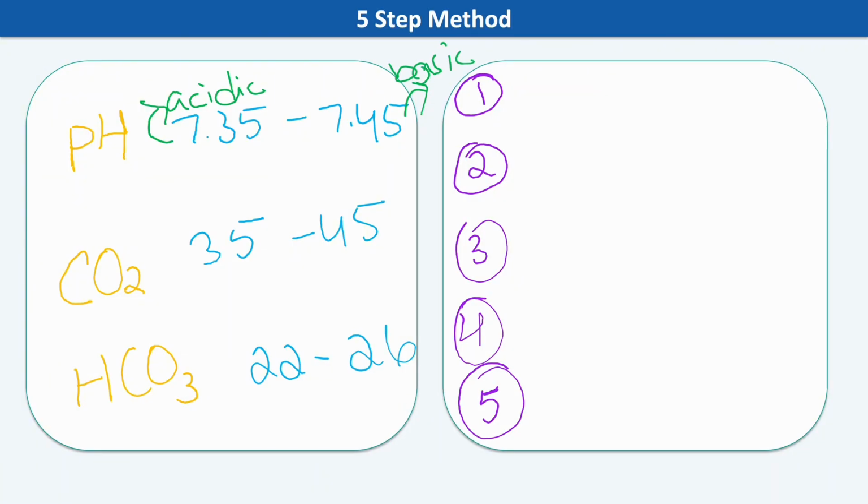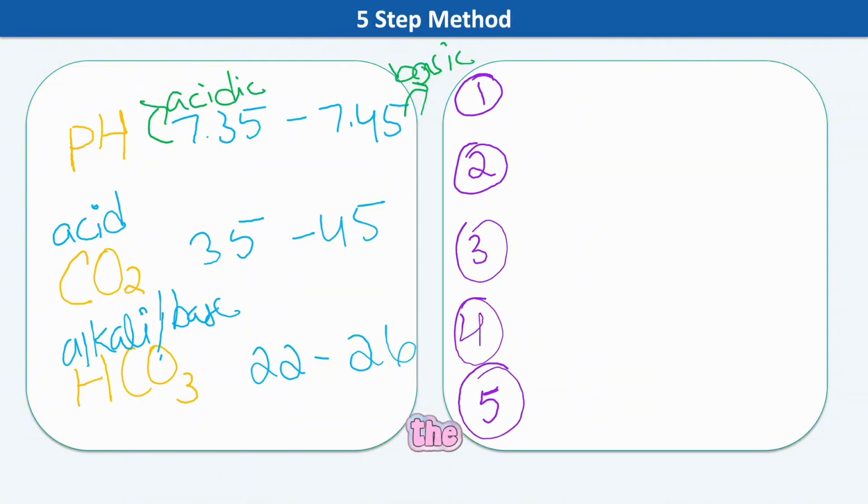Our carbon dioxide is the acid, and our bicarb is our alkali, basically our base. So we have an acid and a base.